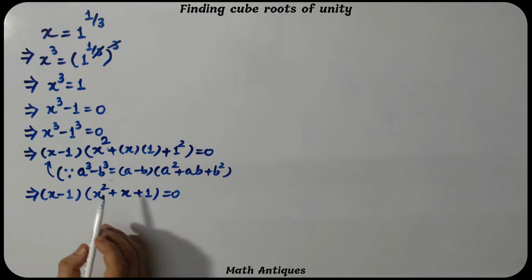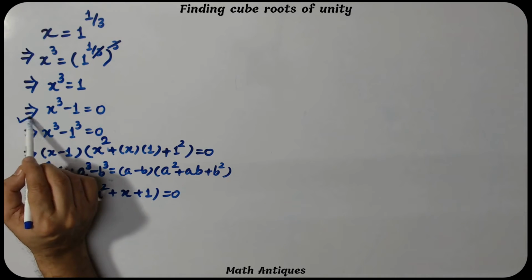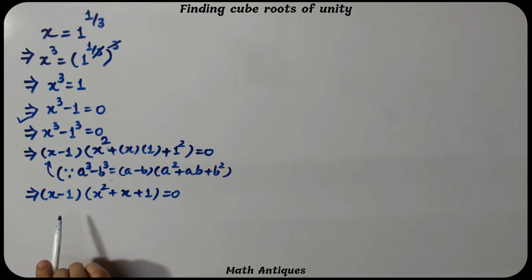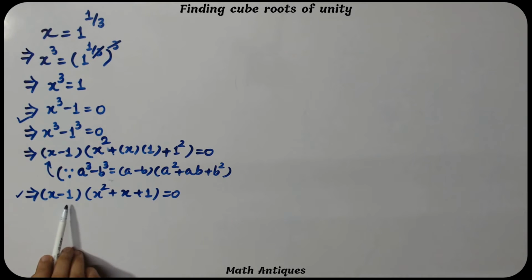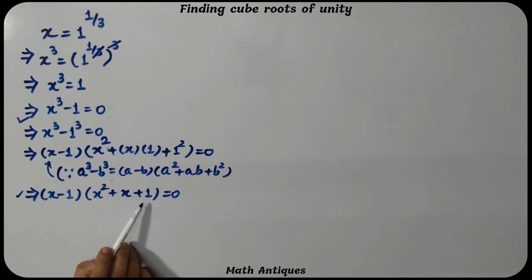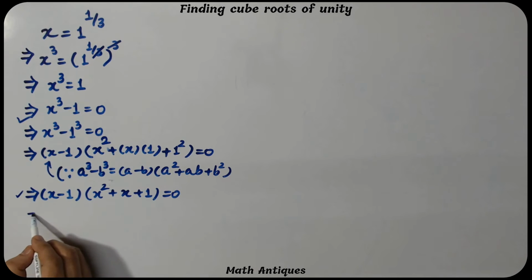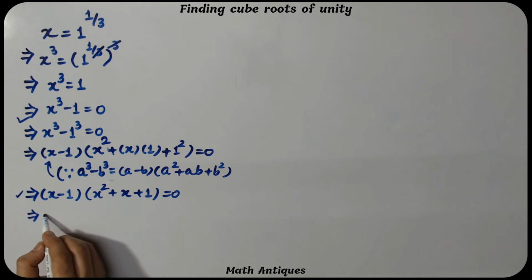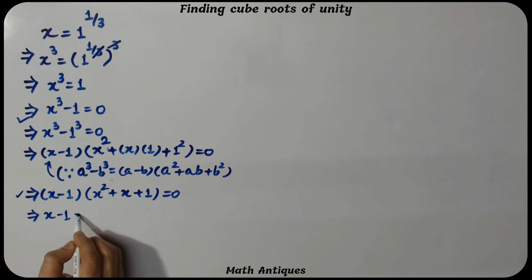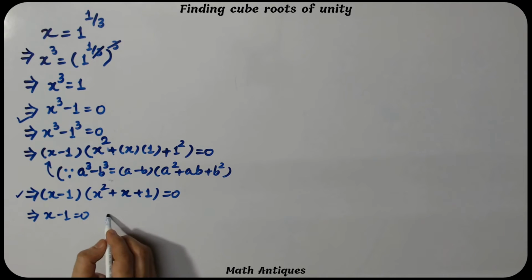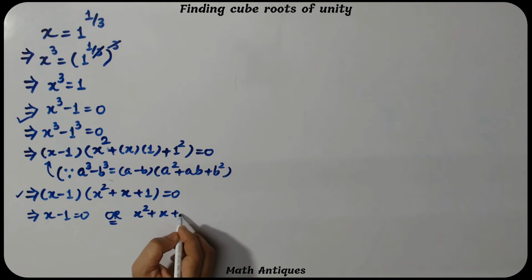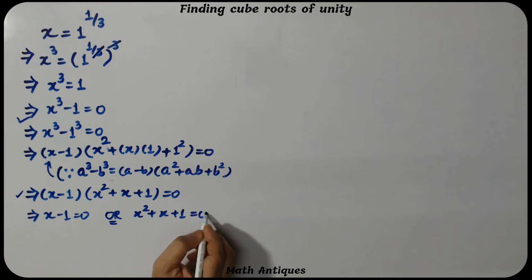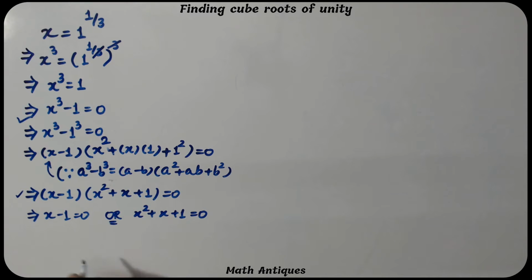So this cubic equation, x cube minus 1 equal to 0, has got two factors. One is x minus 1, another one is x square plus x plus 1 equal to 0. So x minus 1 equal to 0 is our first option, or you can say x square plus x plus 1 equal to 0 is our another factor.